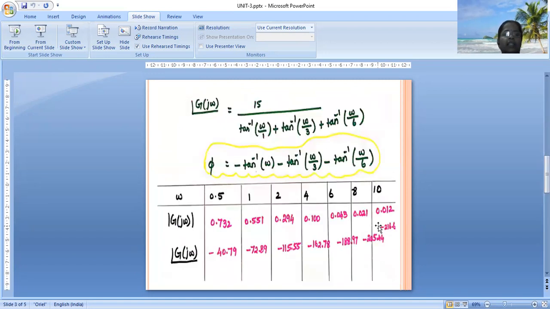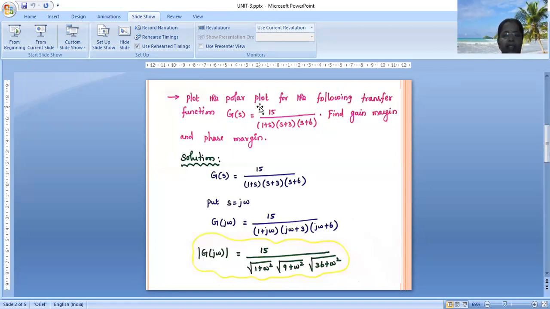The next we have to find out the phase angle. For phase angle, 15 is a constant value, you have to keep it as it is. Already I told you how to find out the phase angle. Phase angle is equal to tan inverse of b by a, that is imaginary part value divided by real part value. Here you see 1 plus j omega, so b value is omega, a value is 1. So we can write tan inverse of omega by 1.